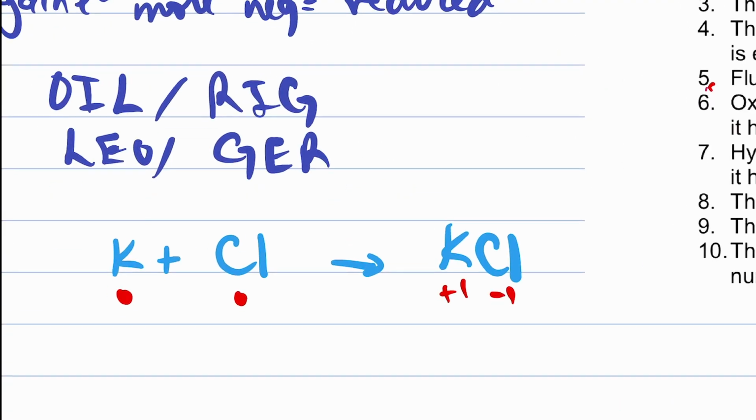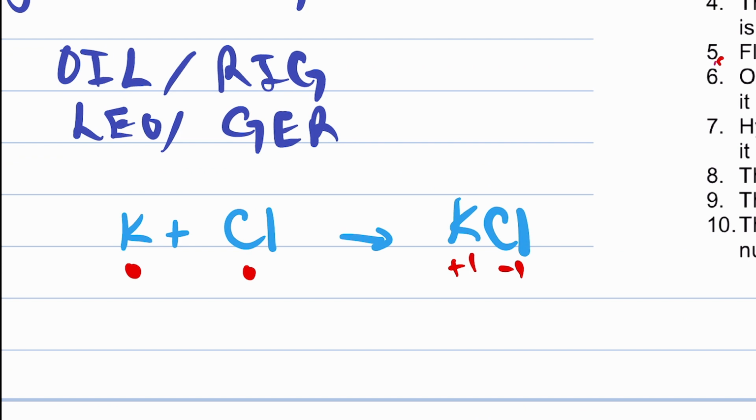In order to write half reactions, which we're going to discuss right now, you're going to be focusing on each element at a time. All right, so let's do that. We're going to have potassium, and then we've got potassium over here, right?